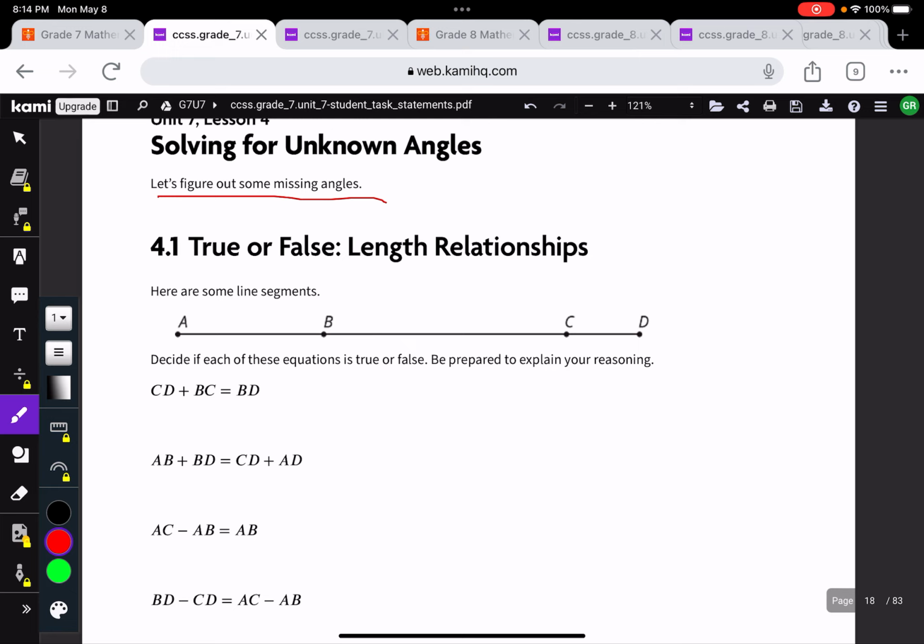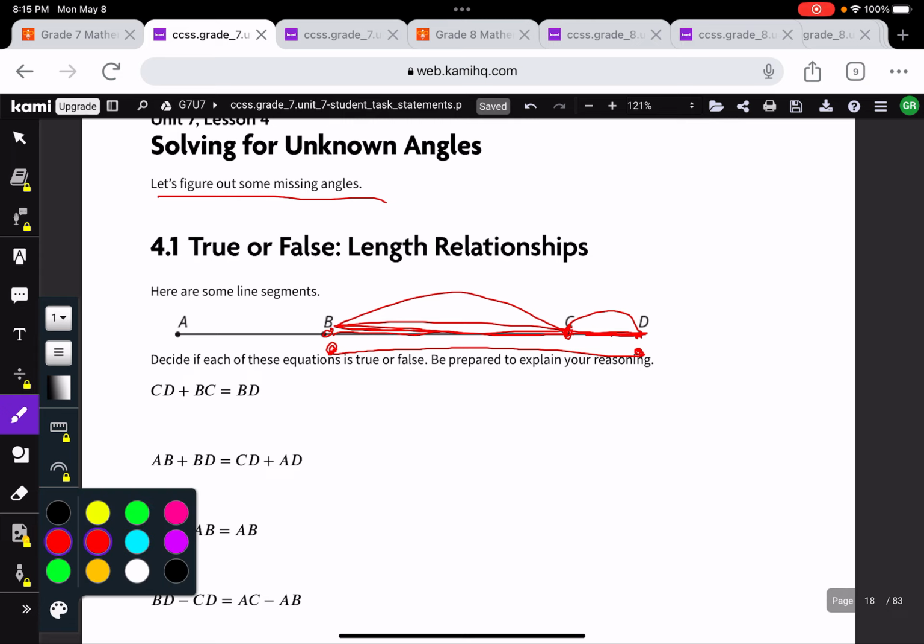CD, that's from here to here, that distance, plus BC, that distance. So BC and CD is equal to BD. Is that true? Hopefully you say, yes, that is true.